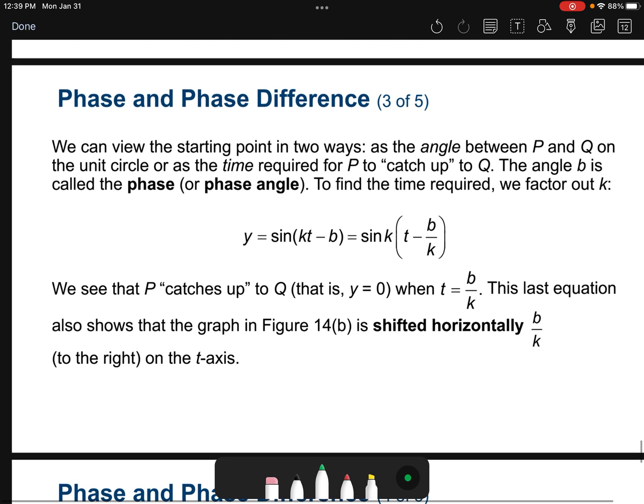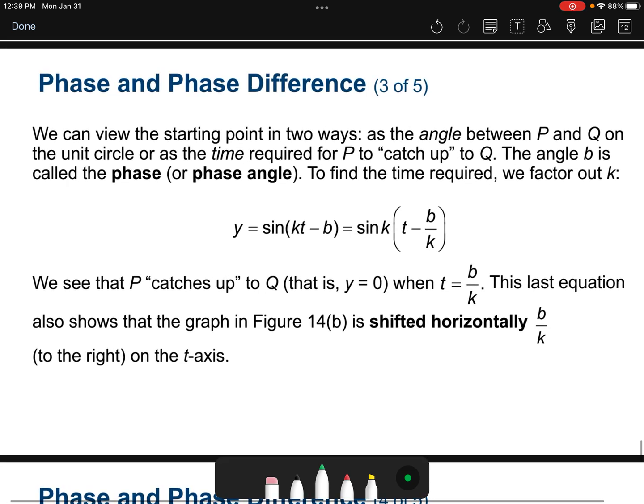Now, we can view the starting point in two ways: as the angle between P and Q on the unit circle, or as the time required for P to catch up to Q. The angle b is called the phase, or phase angle. To find the time required, we factor out k, which is what we've been doing, right?